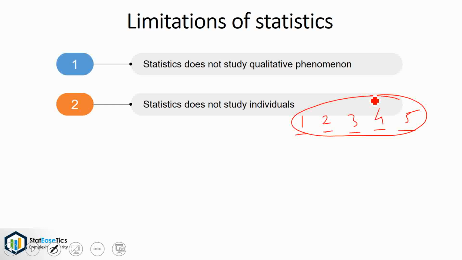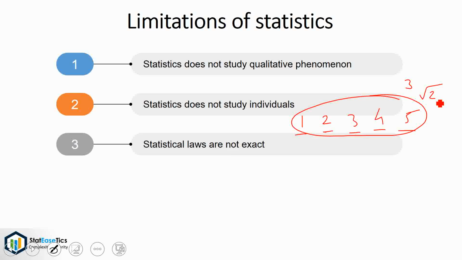Statistics gives idea only about the aggregate. Here we can say that mean of the given data set is 3 or standard deviation is √2. But we cannot say anything about the nature of the individual data point. So statistics does not study individuals.